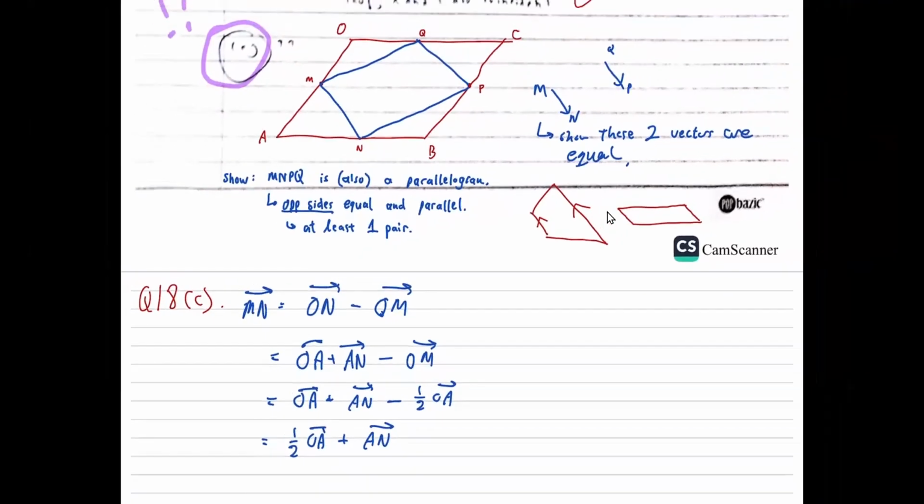So that means we can now replace it with, is this correct? Actually, let me think a little bit. Am I doing it wrongly? Let me just double check first. ON is OA plus AN. What is the goal here? It's just half of OB. That's not correct. Let me think a little bit. Sorry, give me some time to think about this.